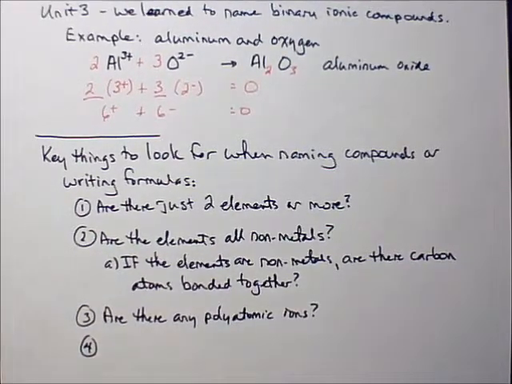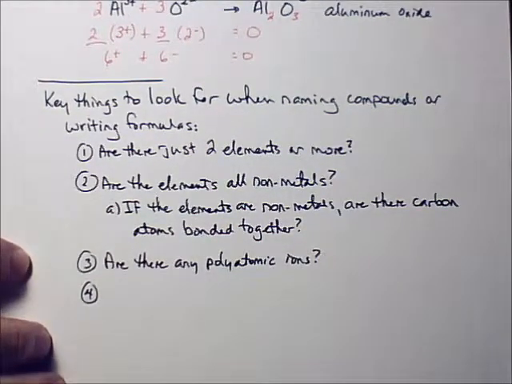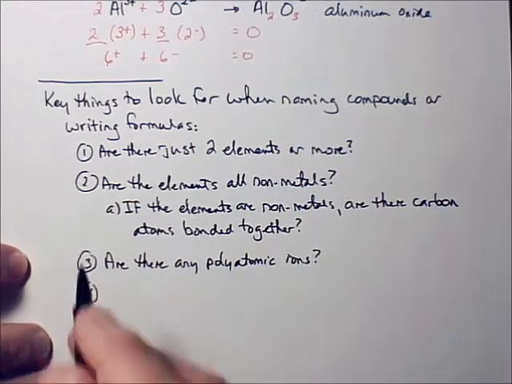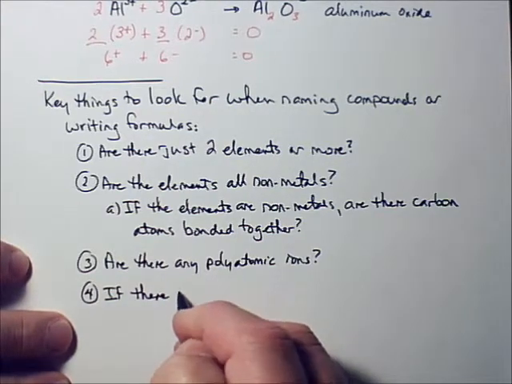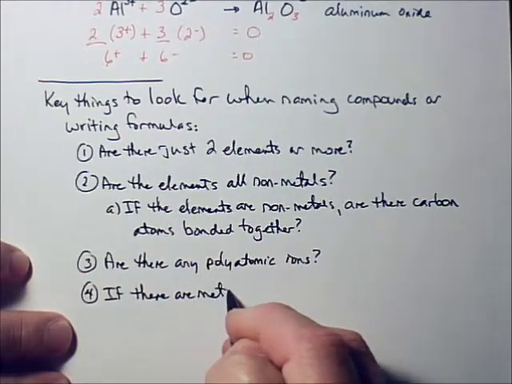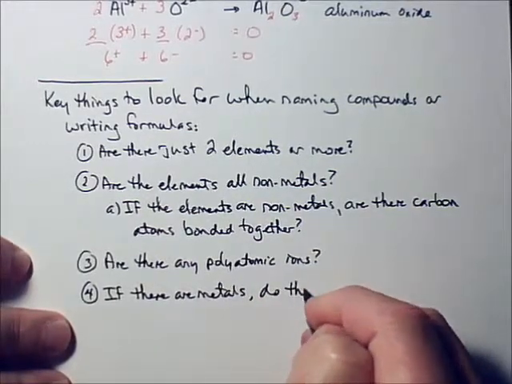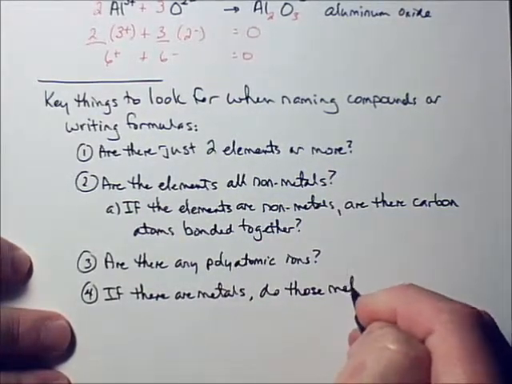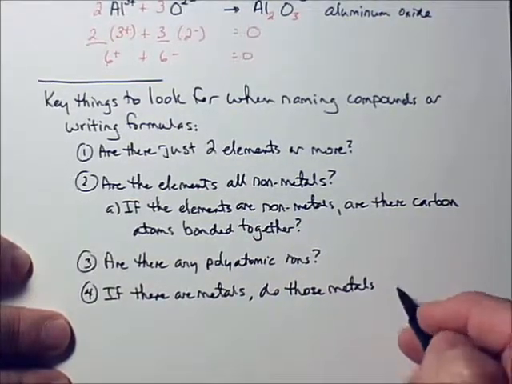It doesn't mean everything you have to look for, but they're some of the really, really important things to watch out for as you're trying to write formulas or write the names of formulas. So the last one is, if there are metals, do those metals have more than one potential oxidation number.